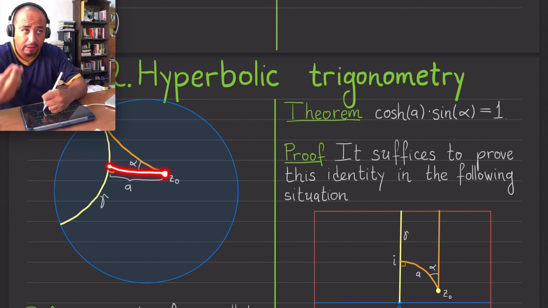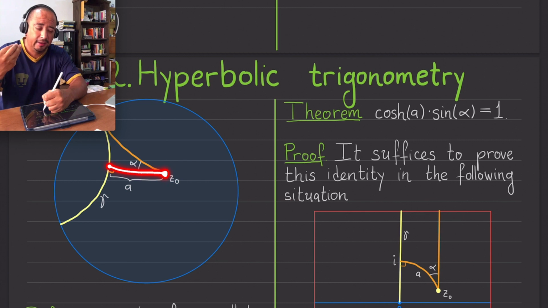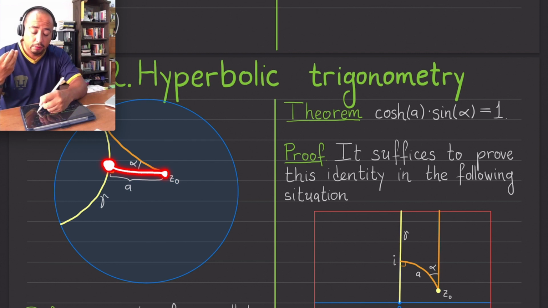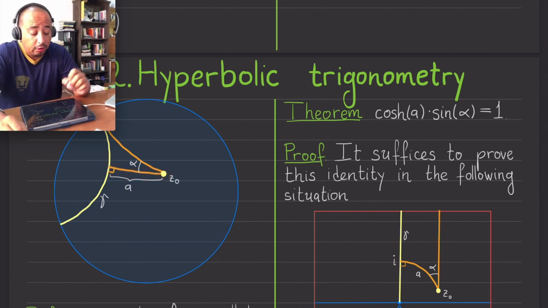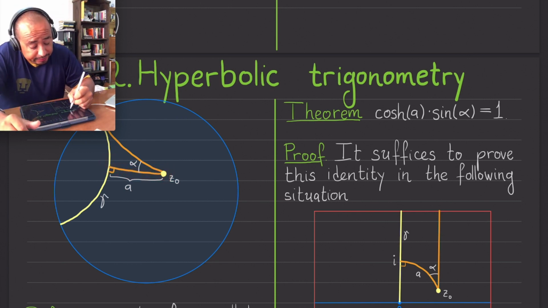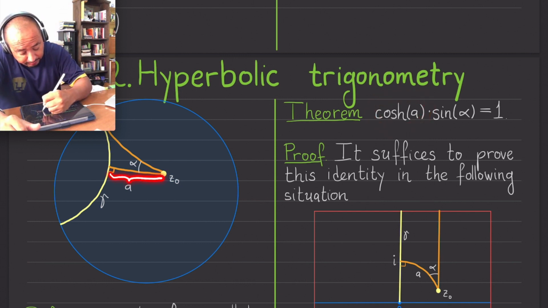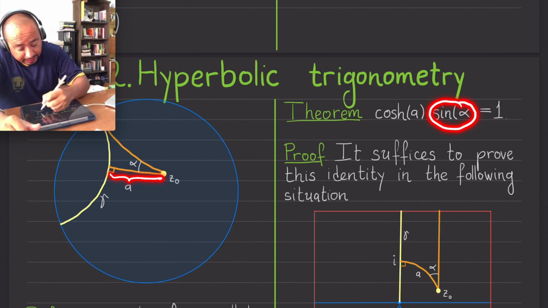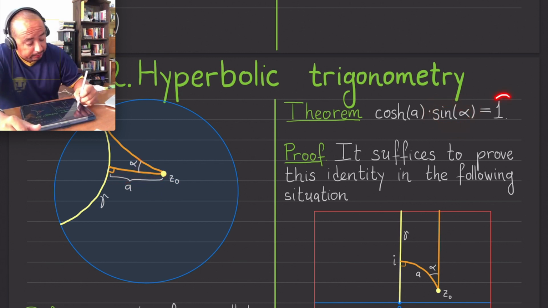There's an exercise saying that this point of intersection is precisely the point in gamma closest to z naught. Okay, that the hyperbolic cosine of that distance times the sine of the angle of parallelism is 1, right?